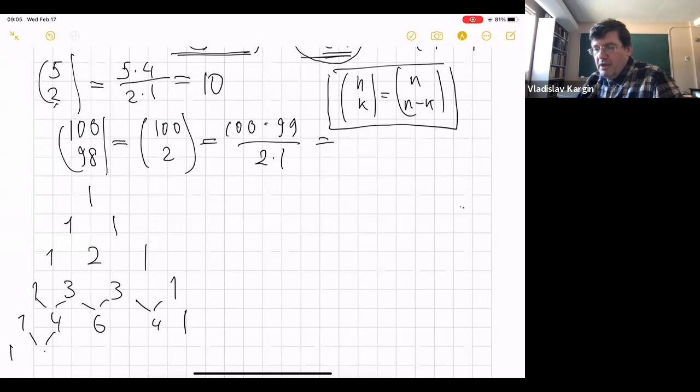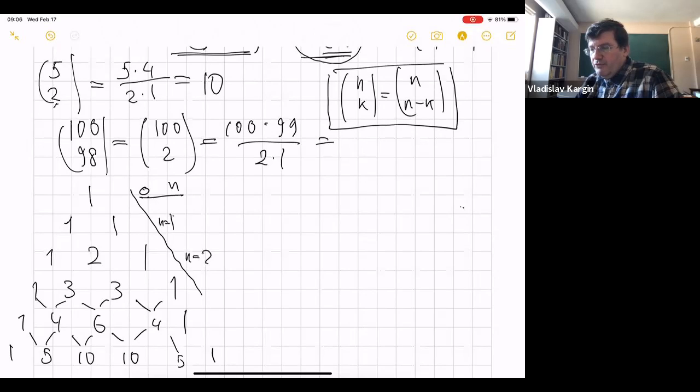So here's 5, here's 10, here's 10, here's 5, here's 1. So you see that this is 0, kind of, this is n. If you count, this is 0, this is n equal to 1, this is n equal to 2, n equal to 3, n equal to 4, n equal to 5, right?